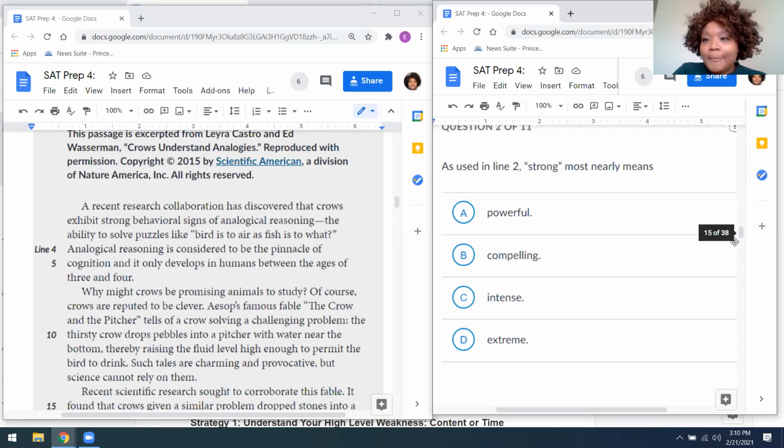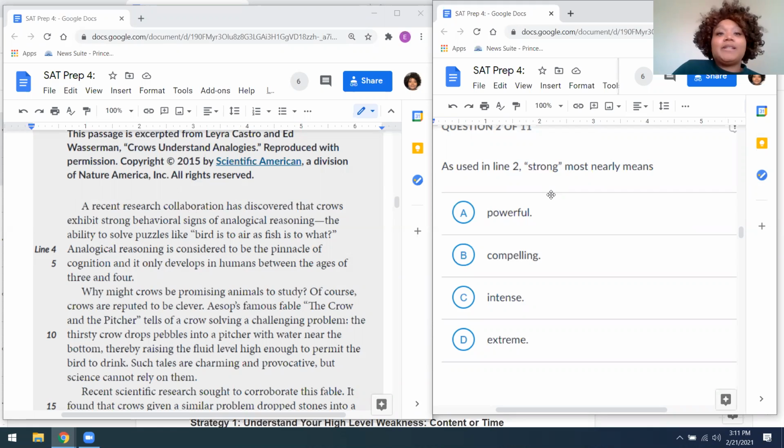Okay, number 2. We found out last week that the answer to number 2 was B, compelling. So line 2, I'll just read it for you. With these kinds of questions, which always seem to pop up with the reading passages, they're asking what the word means in this context, not what the word means overall or how we usually use it in the English language.